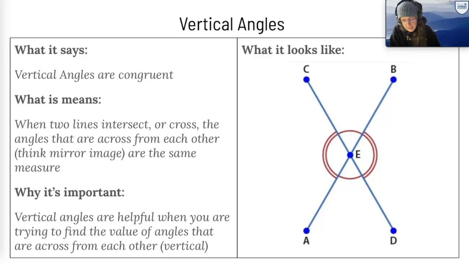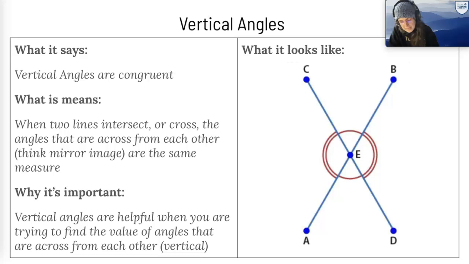Vertical angles. When you have 2 lines that cross the way these 2 lines do, like AB and CD, you end up with what we call vertical angles.